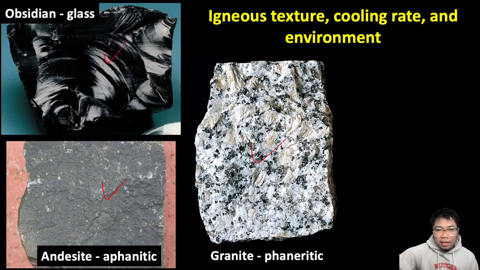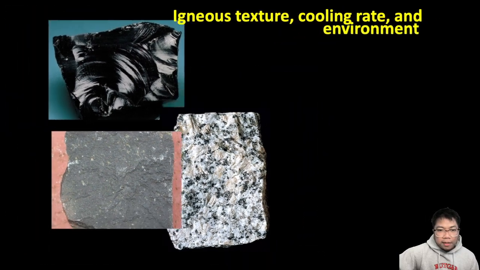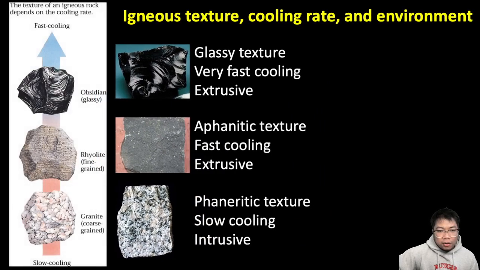Now, if I create an order based on cooling rate, it would be something like this. This granite with phaneritic texture cools very slowly and it happens only in the intrusive realm. Whereas the aphanitic texture forms very fast within the extrusive environment, above the surface.